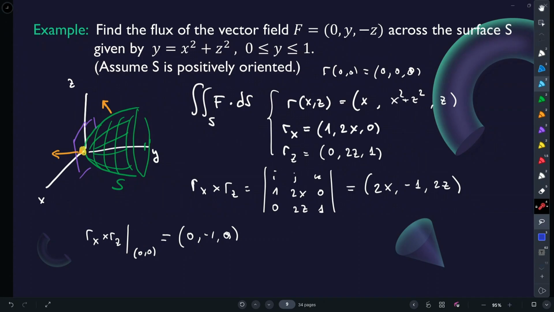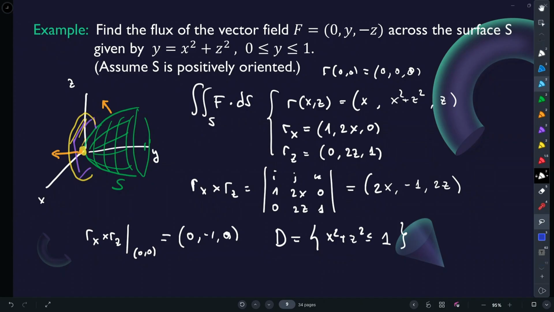Since it is just this piece, I have to look at the parameters that will give me points just where I am. If you project this whole thing into the xz plane, which is where we're taking parameters from, the domain D for parameters is those points that are within the circle of radius 1, in x and z.